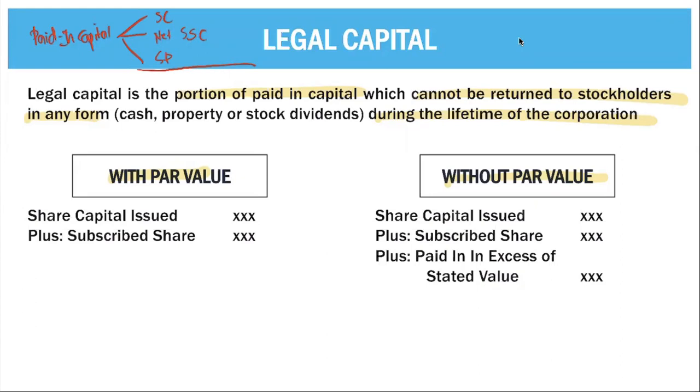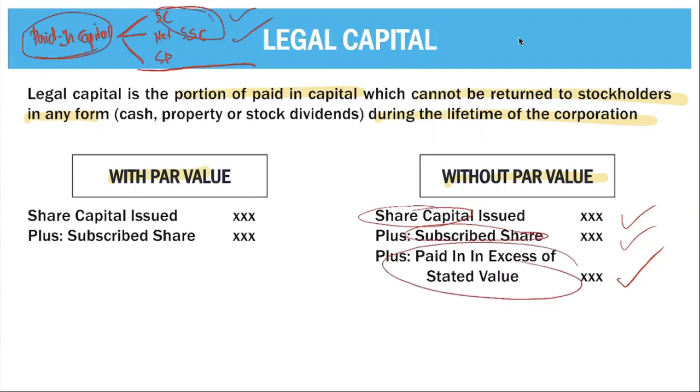Okay, so in par value, we only have two items. But in without par value, we have the three items. That's the legal capital. So take note, legal capital is the amount of paid-in capital that cannot be returned. So with par value, only two: share capital and subscribed share. Without par value: share capital, subscribed share, and the amount in excess of stated value or share premium.